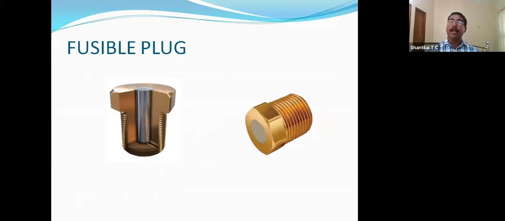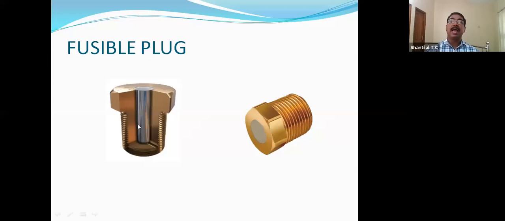In those areas we are using it. It is made of a light alloy material. And this is a threaded portion. It is fixed on the head of the compressor or liquid receiver head or condenser head.